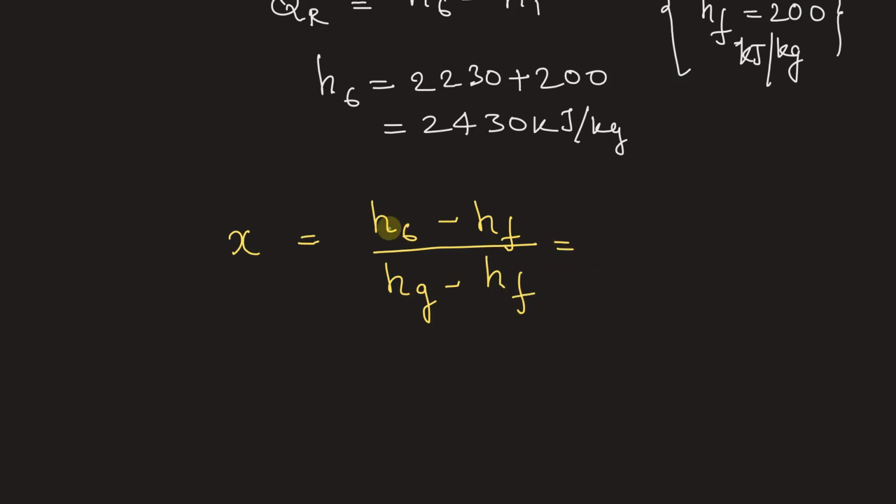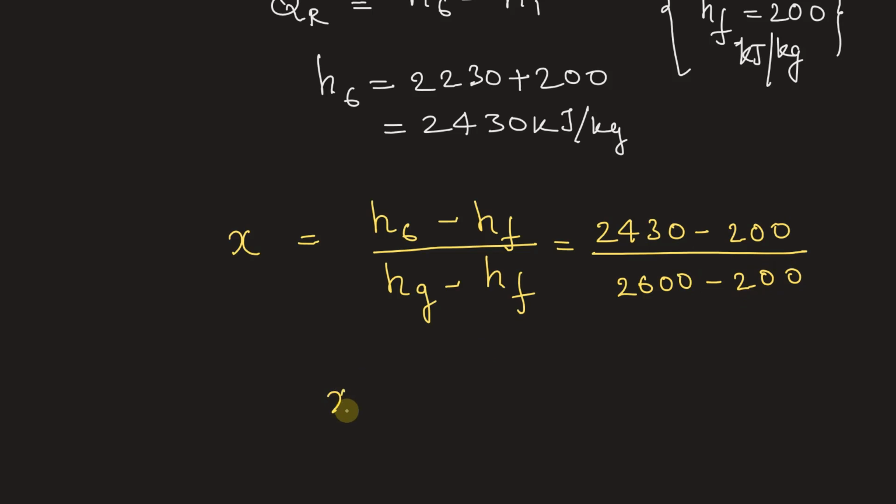So this comes out to be H6 we have already calculated, 2430, minus hf, which is 200, divided by hg, given in the problem as 2600, minus 200. So x comes out to be 0.929. We have to find this in percentage, so it will be around 93%. We are just multiplying it by 100 and taking only two significant figures.